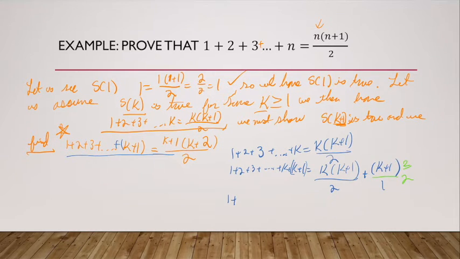If you don't want to copy all of this, you can use quotation marks. Put quotation marks there, and if you do that, I'll know, especially if you're typing it up, you can use the quotation mark shortcut. That's going to equal k times k plus 1 over 2 plus 2 times k plus 1 over 2.